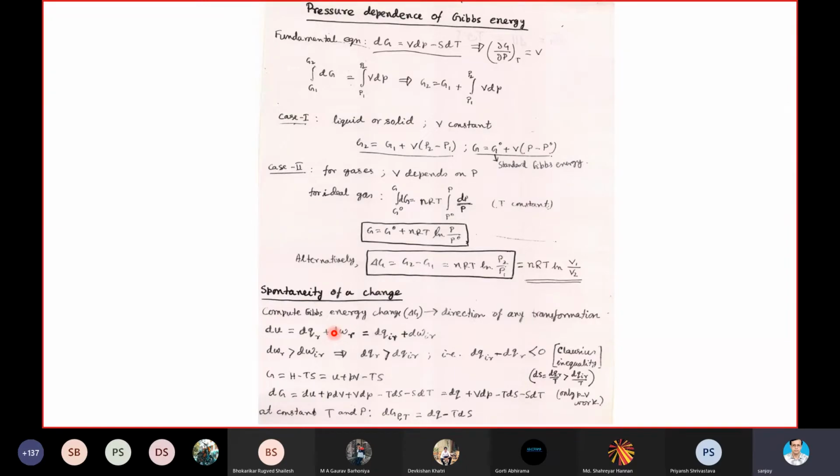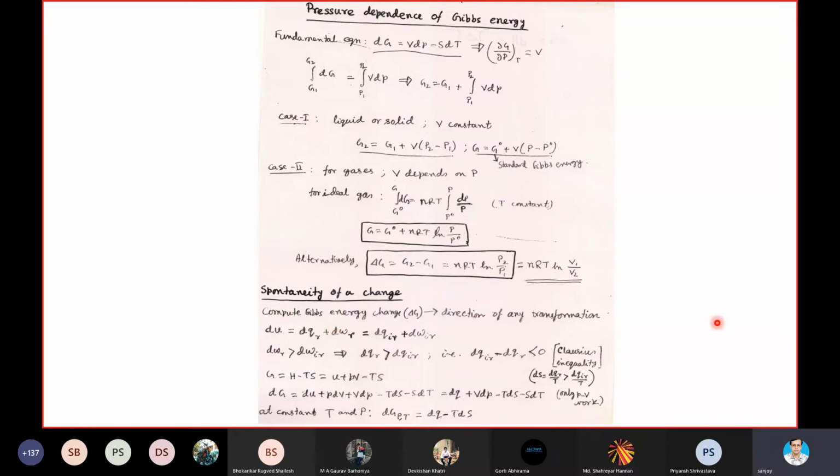If you want to know, then you need to compute the Gibbs energy change for that process. By looking at the Gibbs energy change, you will be able to conclude whether the process that you are considering is spontaneous or not.